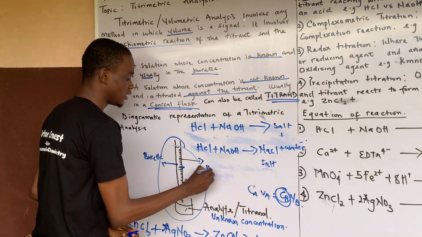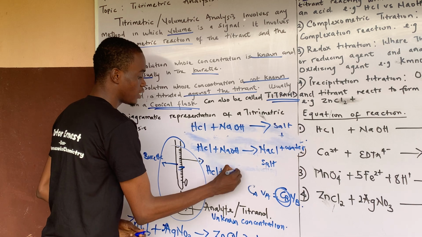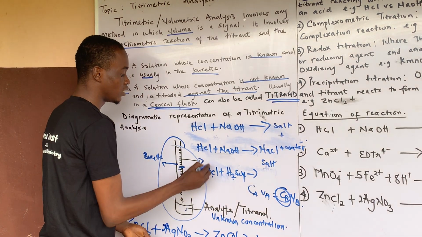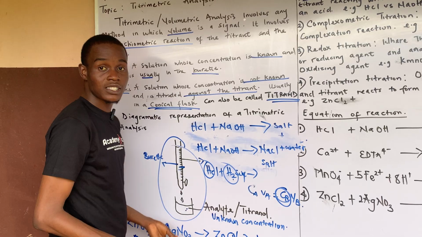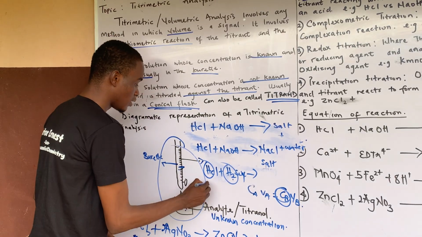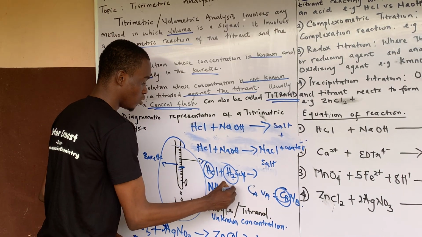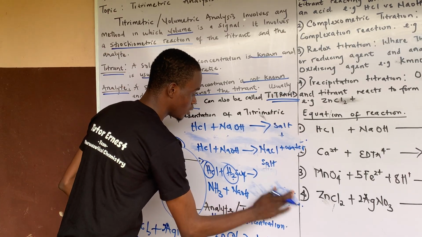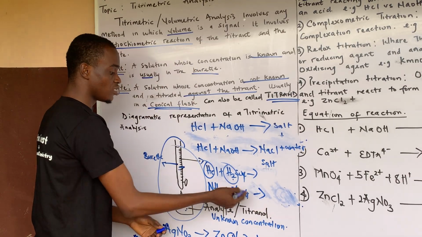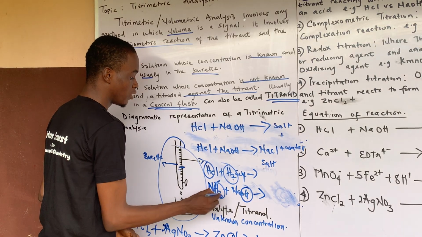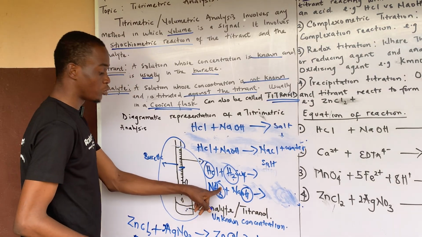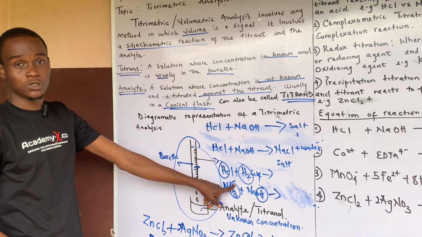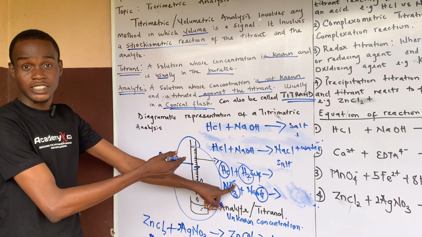But if we say HCl plus sulfuric acid, definitely we don't know what we're getting because this is an acid. It contains protons. What is reacting? We don't know what to react. If we say ammonia plus NaOH, definitely nothing is reacting because we have a base and we also have a deprotonated hydrogen, which shows that it's an acid, which shows it's a base.